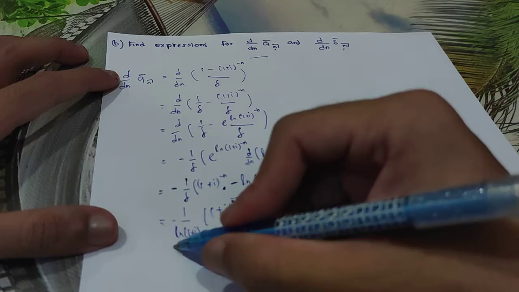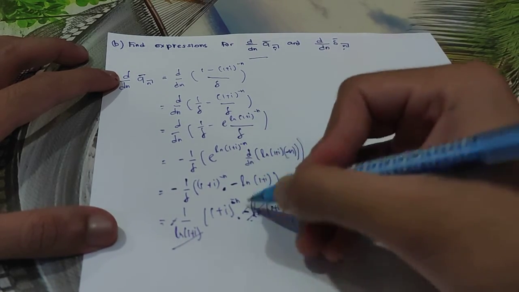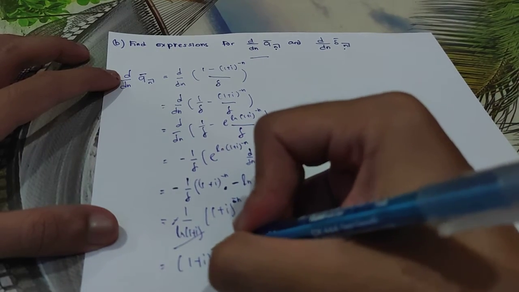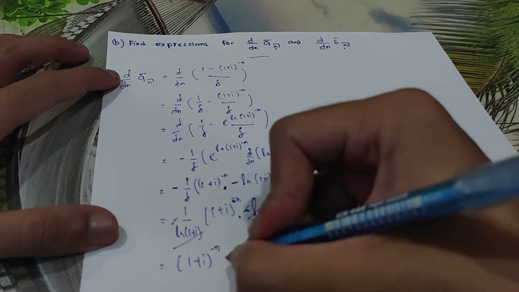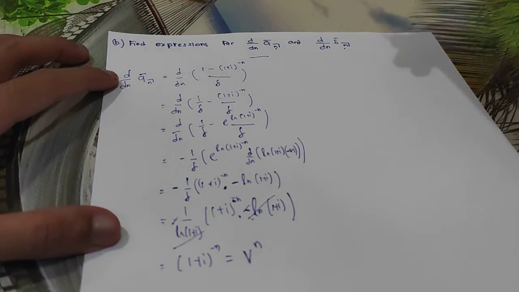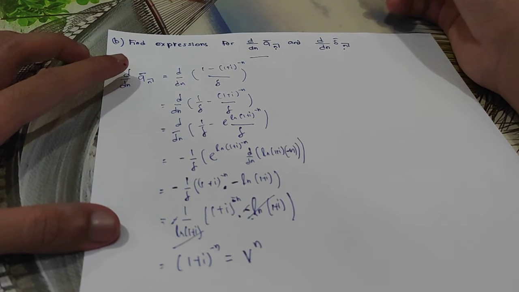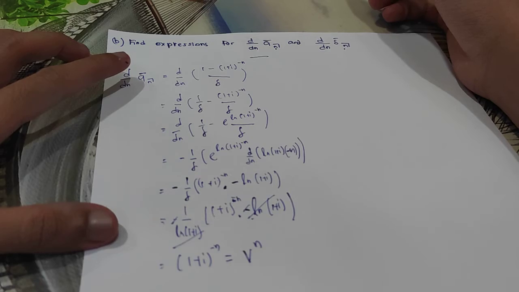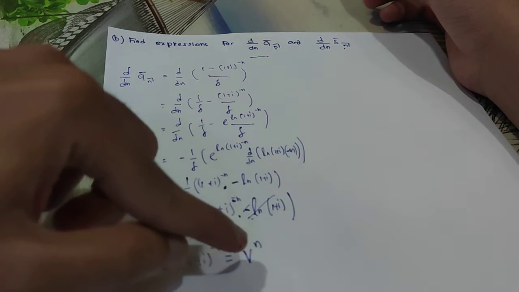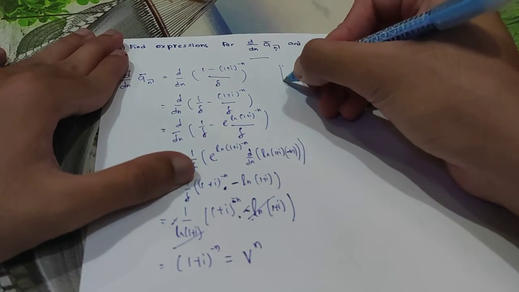We can cancel out this and this, so we get (1 plus i) to the power of negative n, equal to v to the n. So the derivative of the present value of continuous annuity is v to the n.